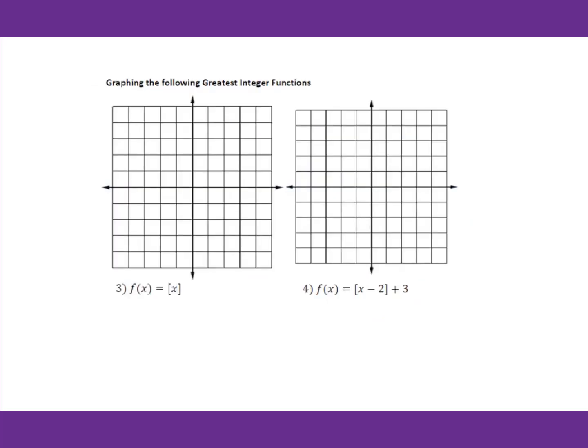Now let's sketch the greatest integer function. For the parent function, we get started from 0, 0. So this is a closed circle. Go here, that's an open circle. It's like steps.